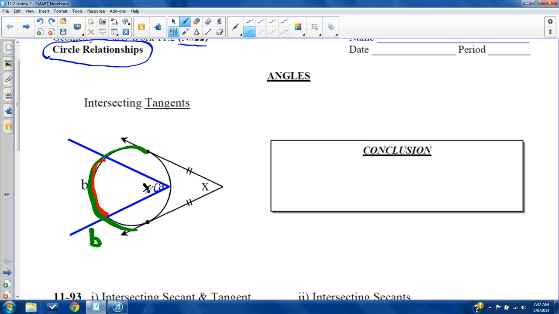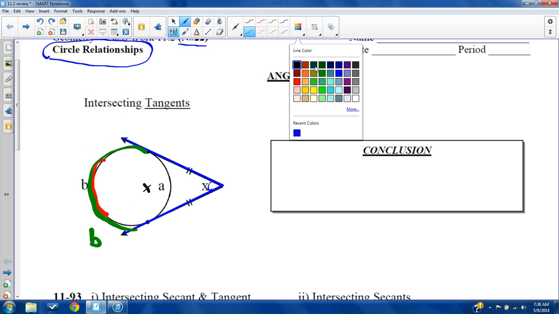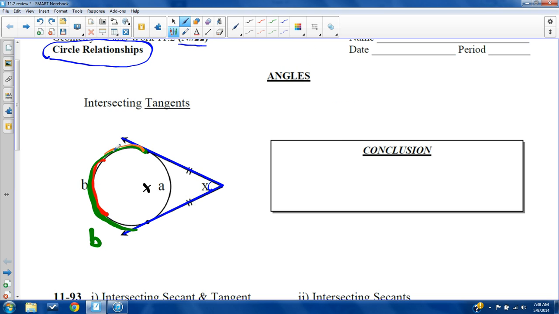If this is angle X, X should be half the measure of the intercepted arc. When I start to pull this back, notice how the red is not my intercepted arc anymore. I keep going and it merges with the green. And the question is, how long is this orange part, the part that's not red, plus that?